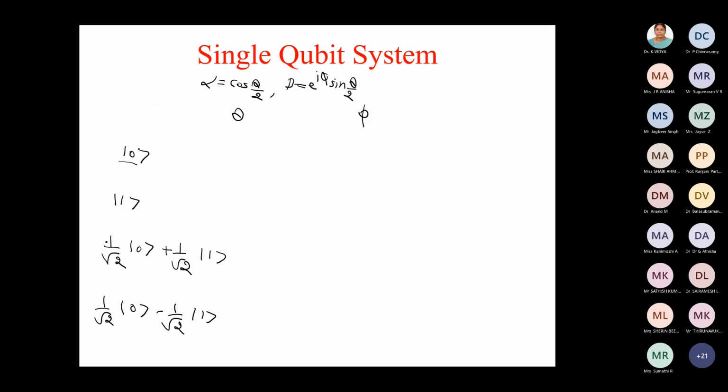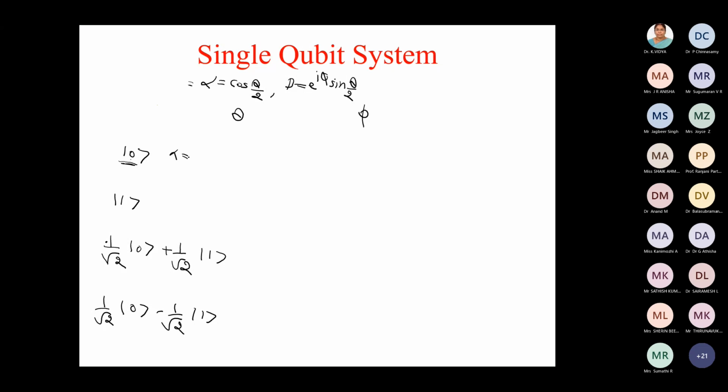So we have been given these two equations, alpha is this and beta is this, and we want to determine theta and phi. Seeing this state, we can tell about alpha and beta first.